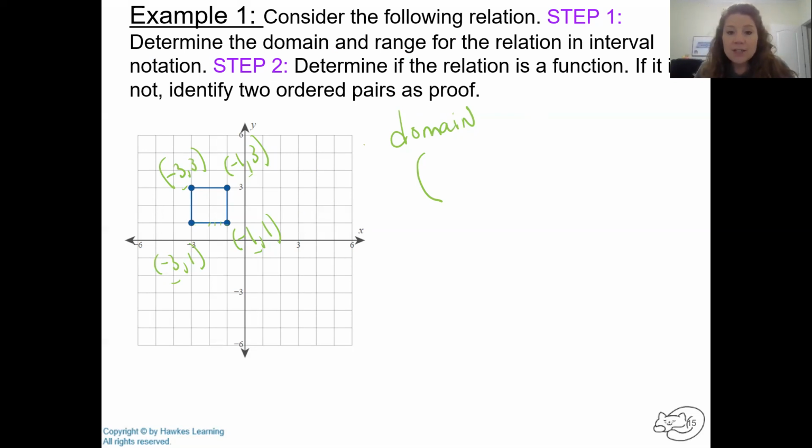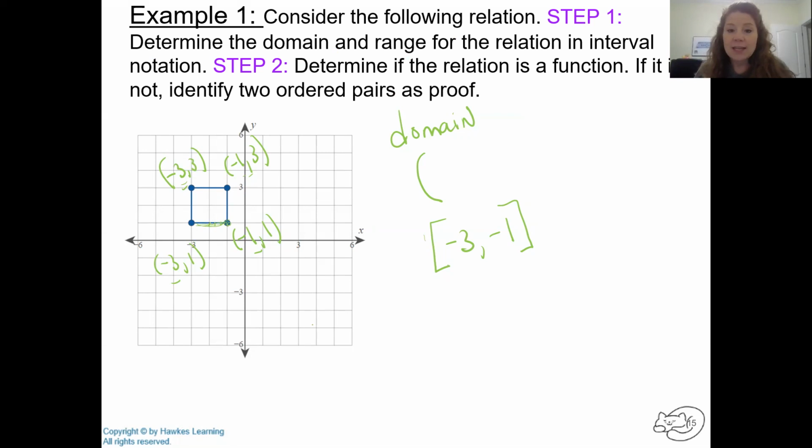I started with a parentheses, but look, this is a solid dot, which means it includes the range from -3 to -1. Remember we have to write these in numerical order. -3 is the smallest, -1 is the largest, and it's a range of numbers from -3 through -1, and it includes everything in between. Isn't that all of our X values, -3, -1? And there's a line that goes, and it includes everything in between there.